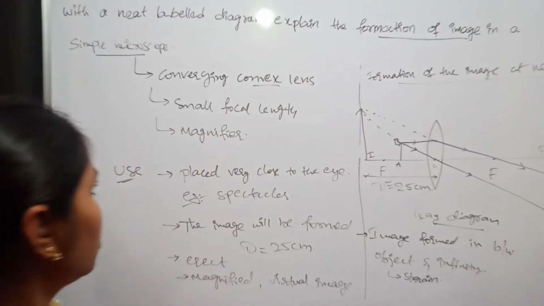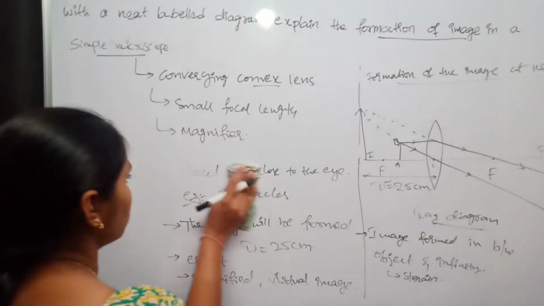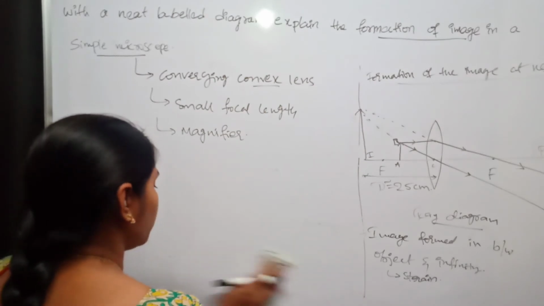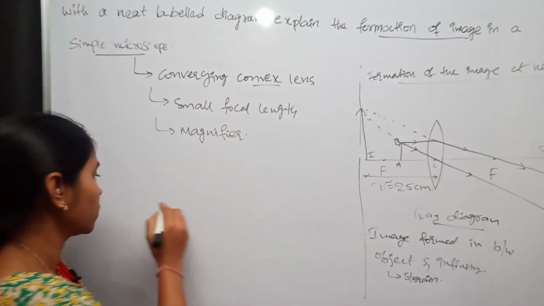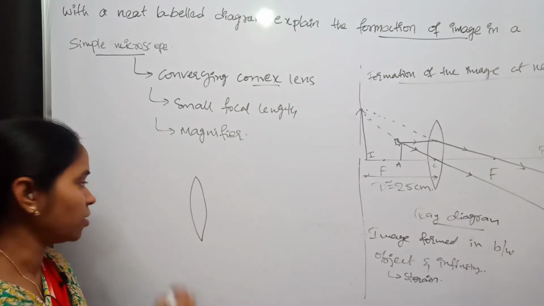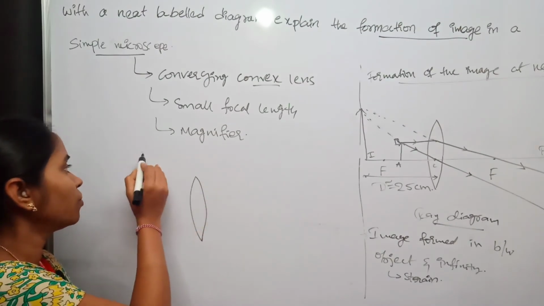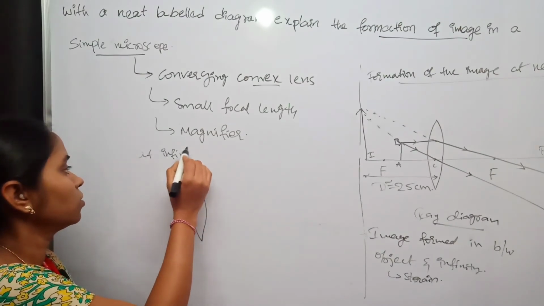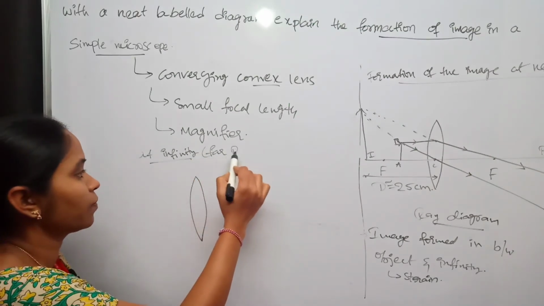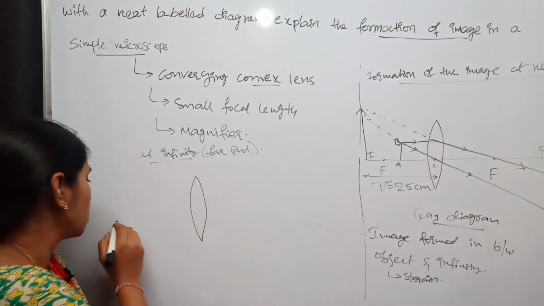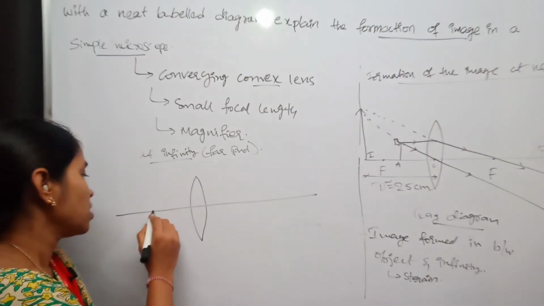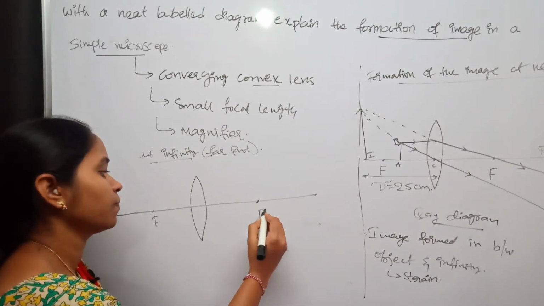Now the image formed at infinity, or far point. The object is placed at the focus point. If this is the double convex lens, this is the principal axis of this double convex lens, and here we have two focus points.